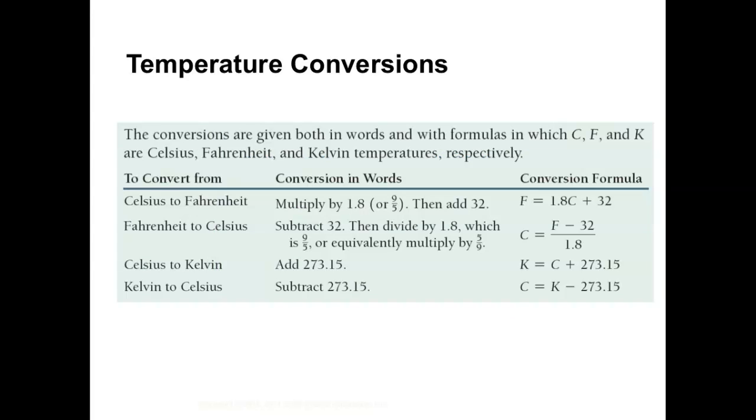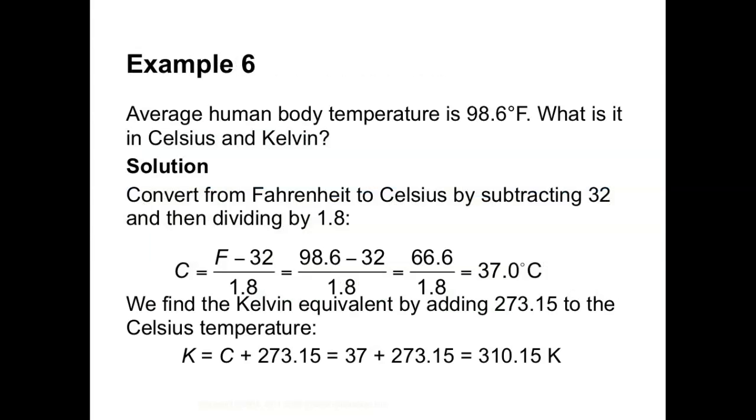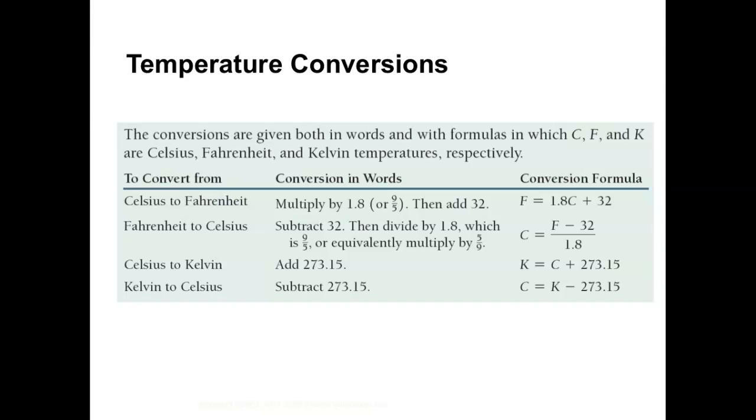And here's your conversion formulas. And so the human body is 98.6 degrees Fahrenheit. What temperature is it in Celsius and Kelvin? You could just use these conversion formulas to find that. So if I wanted to convert it to Celsius, I would plug in 98.6 for Fahrenheit, subtract 32 and divide by 1.8.